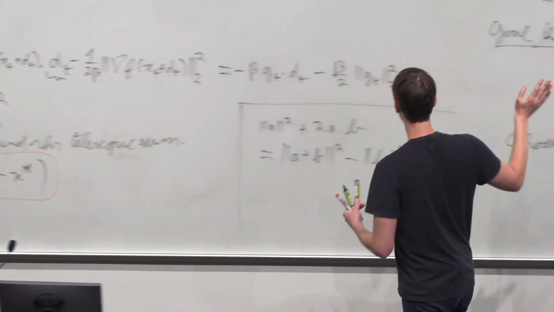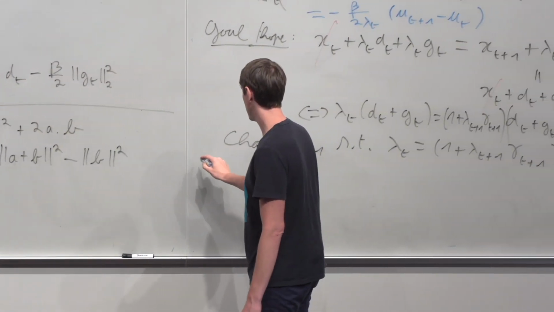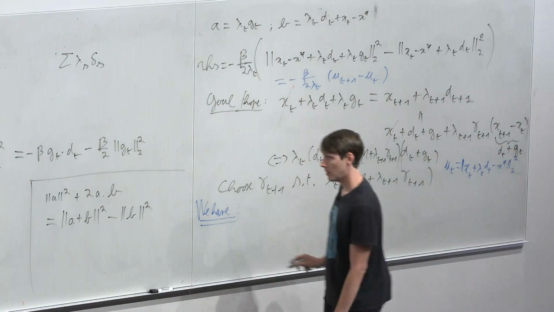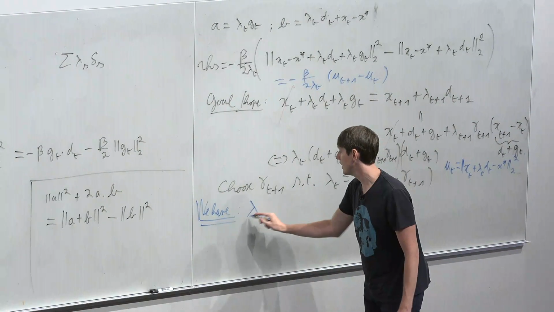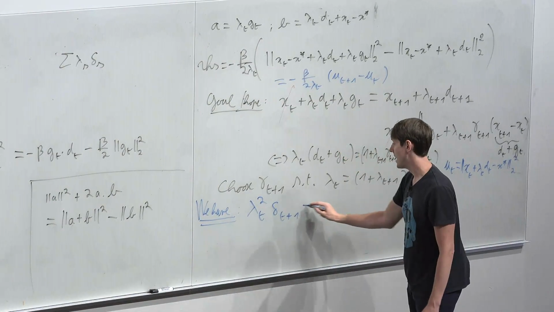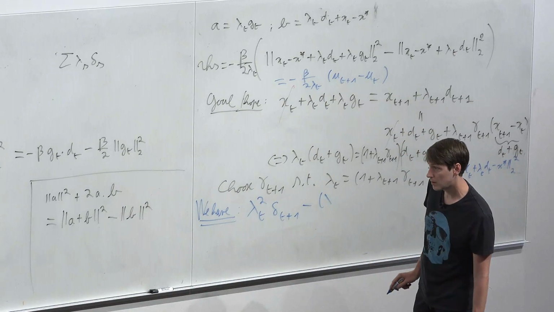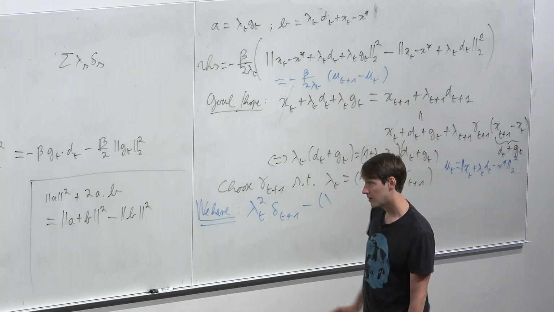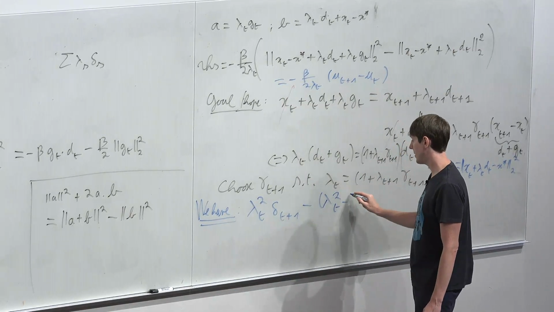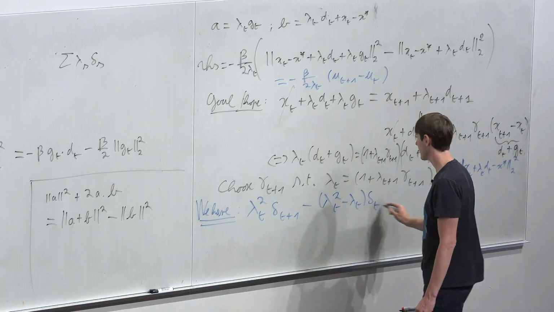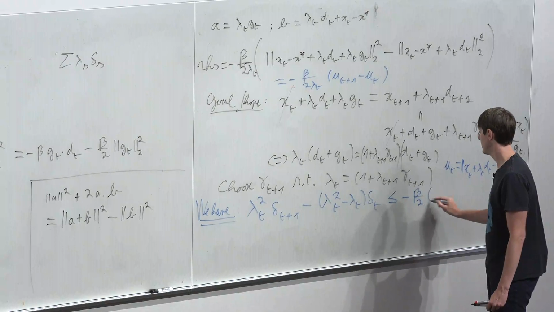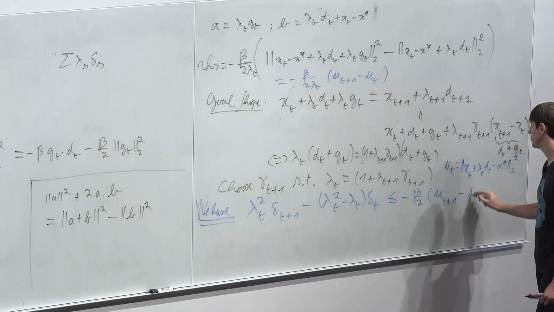So if I multiply by lambda t on both sides, we have lambda t squared delta t plus 1 minus lambda t squared minus lambda t times delta t. This is smaller than minus beta over 2 ut plus 1 minus ut.